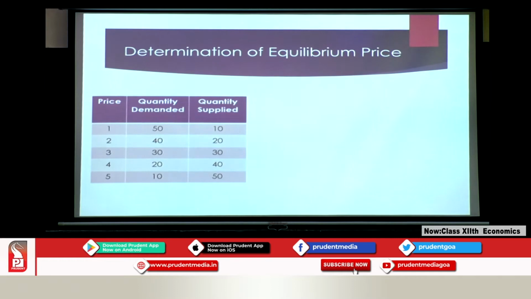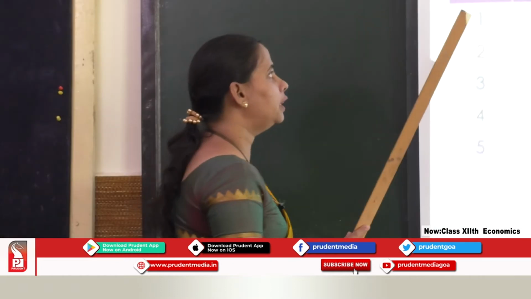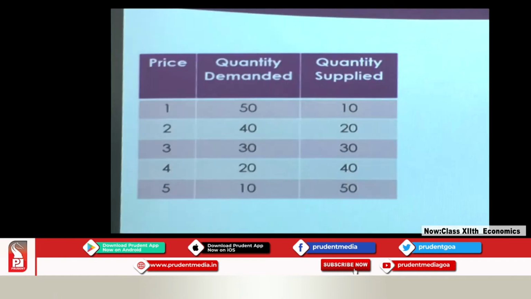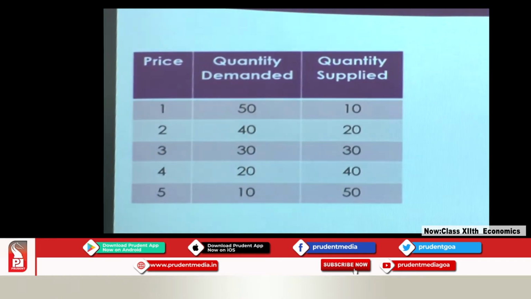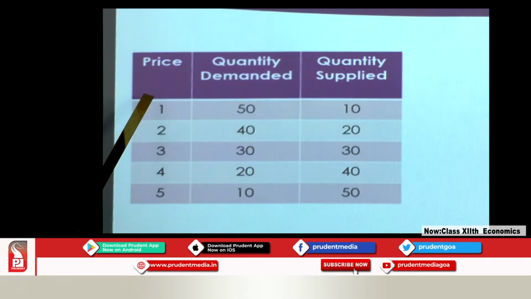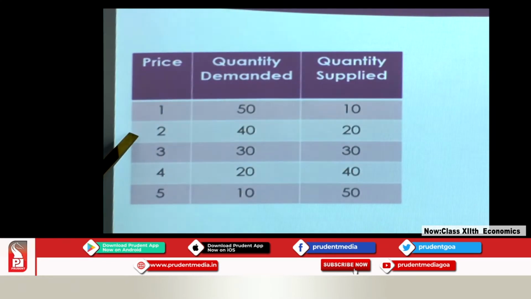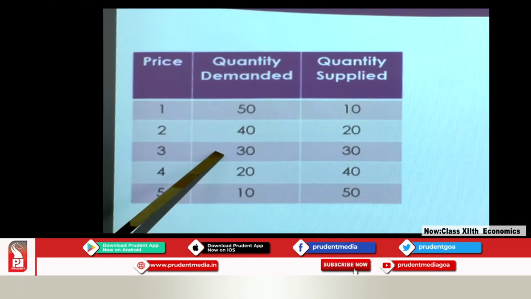Now this shows a negative relation between price and quantity demanded. This shows that there is an inverse relation between price and quantity demanded, as we see that the price further increases from 2 to 3, the quantity demanded further falls from 40 to 30.